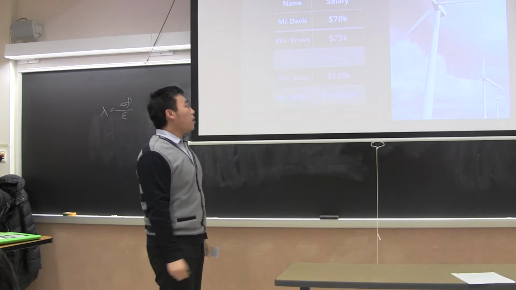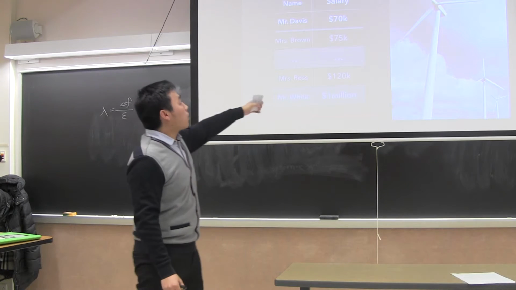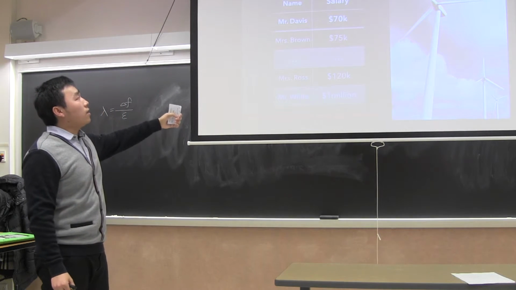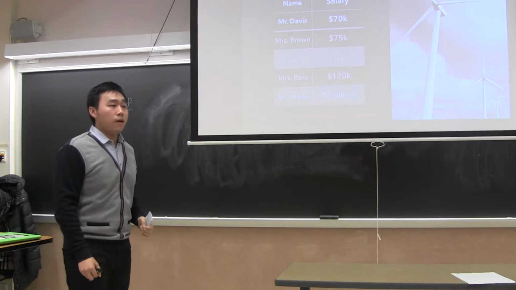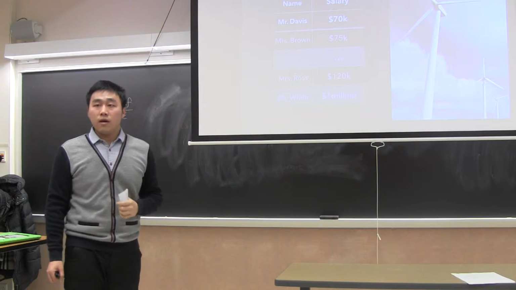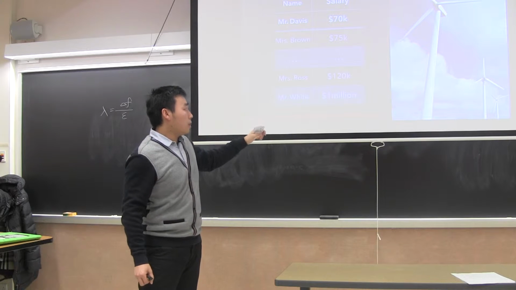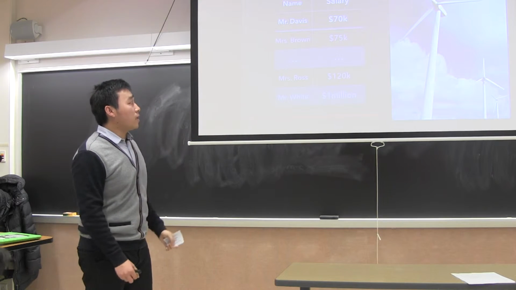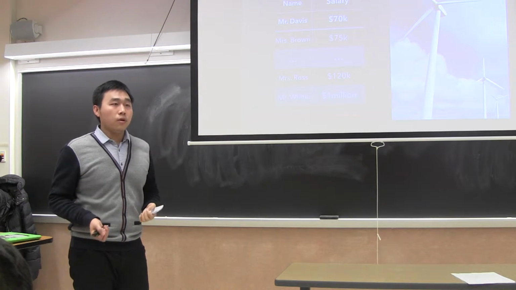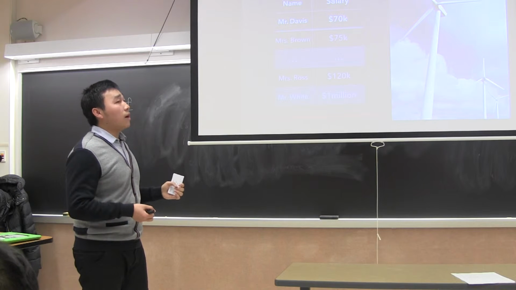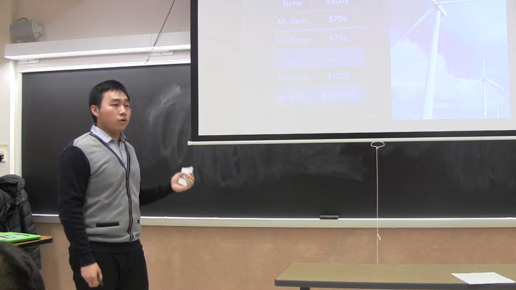The sensitivity should be 1 million, because from the table we can see that Mr. White is the richest man in the neighborhood, and he has the greatest impact on our query, which is the total salary of this database. This corresponds to my previous statement that delta f describes how strong this query is.